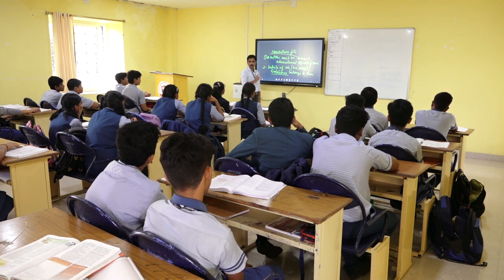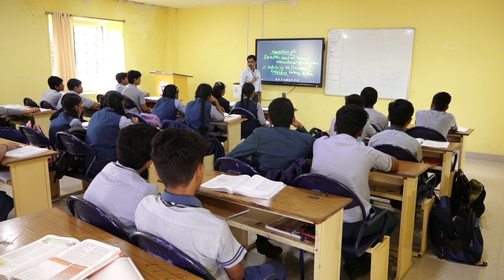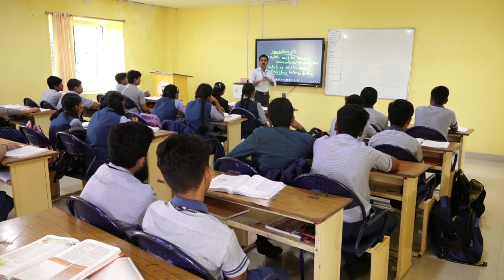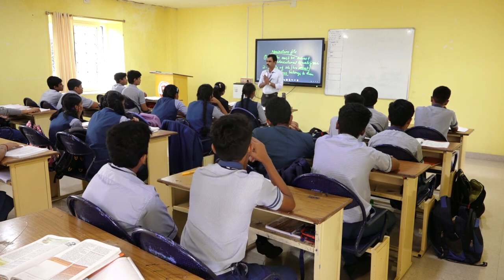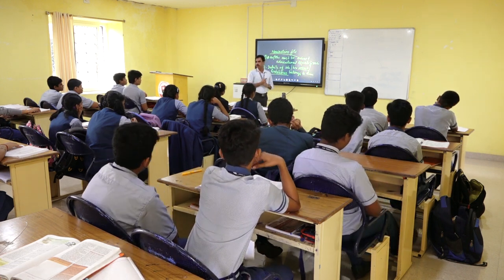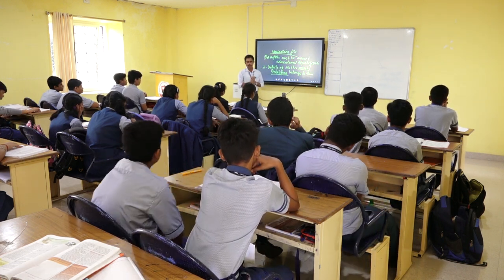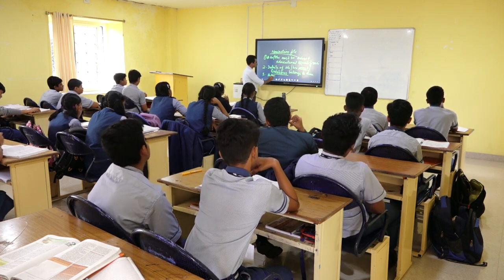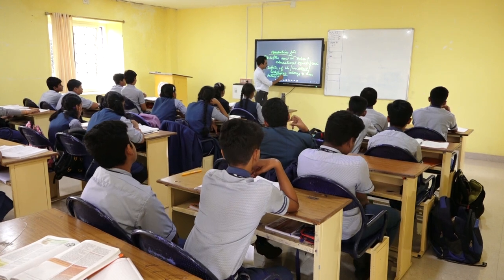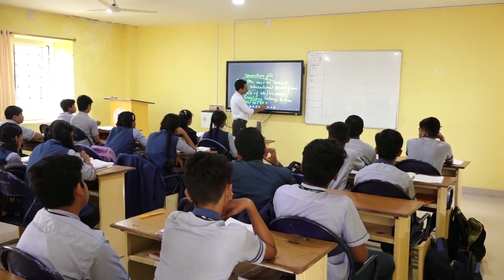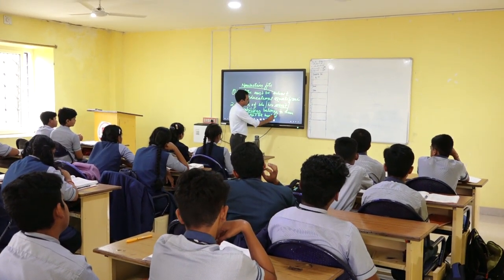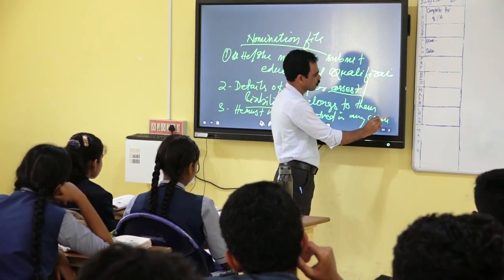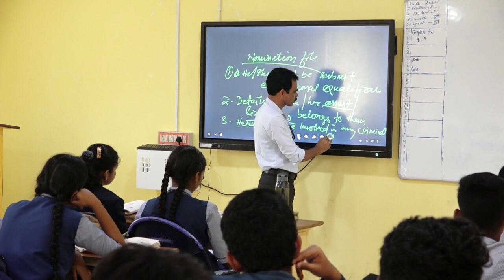So they must give the details to the government before contesting in the election and after winning the election, 2 times as per the order of the Supreme Court. Third, he must not be involved in any criminal cases.